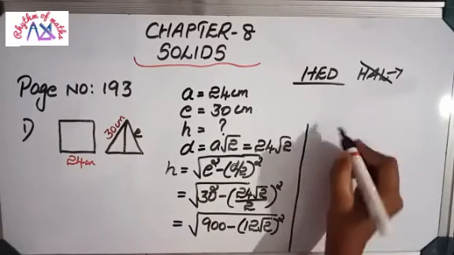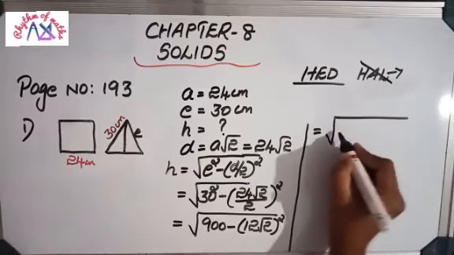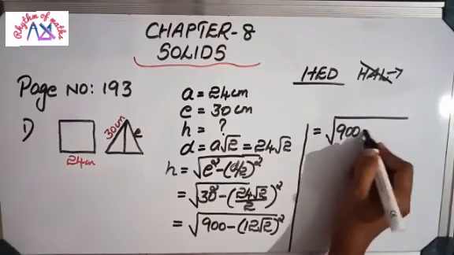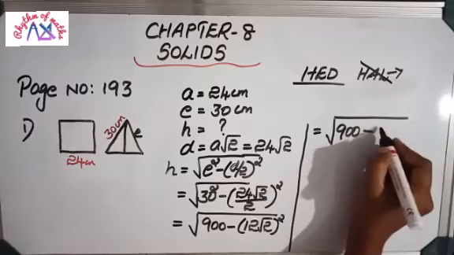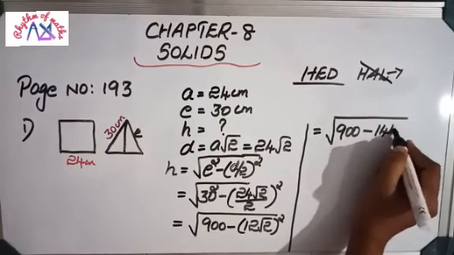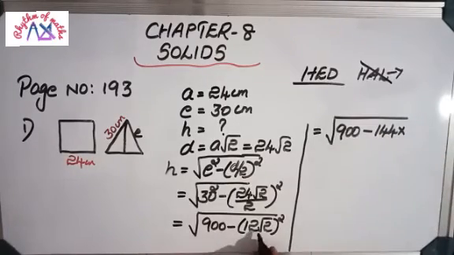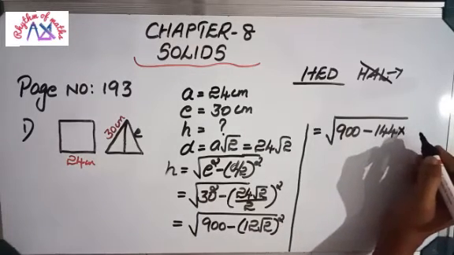Again you can simplify. That is root of 900 minus 12 root 2 the whole square means 12 square and root 2 square, both you have to find. So 12 square is what? 12 square is 144 into 12 root 2 means it is 12 into root 2. Next to root 2 square. Root 2 square means what? Root 2 square and root comes together.